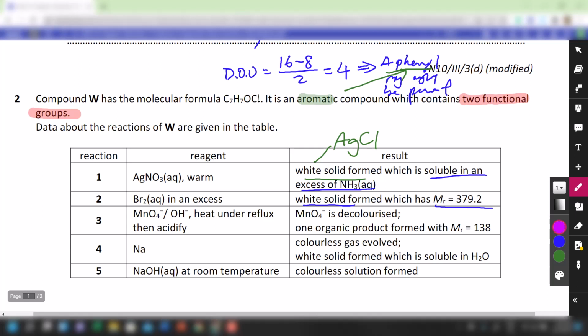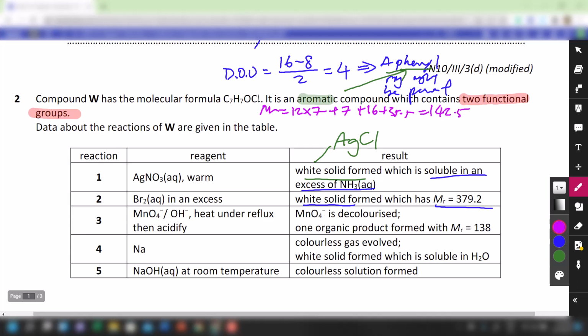We can do that by taking the Mr: 12 multiplied by 7 plus 7 plus 16 plus 35.5. If we simply take a calculator, 12 times 7 is 84, plus 7 is 91, plus 16 plus 35.5, we'll get 142.5.